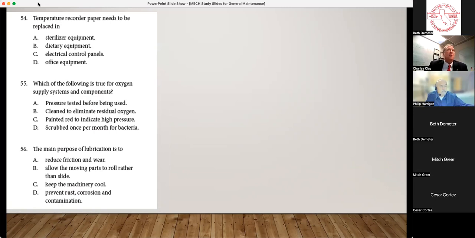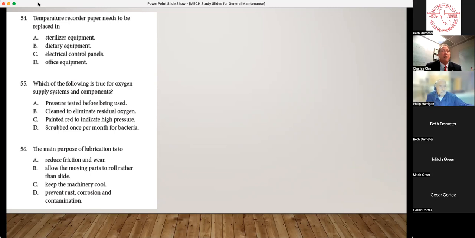This one says the temperature recording paper needed to be replaced can be where? Is it the sterilizer, dietary equipment, electrical control panels, or office equipment? 55, which of the following is true for oxygen supply systems and components? Is it pressure test before using? Clean to eliminate residual oxygen?